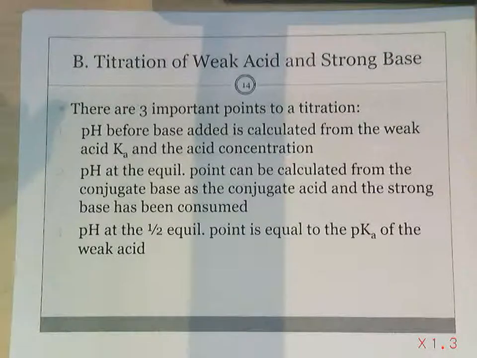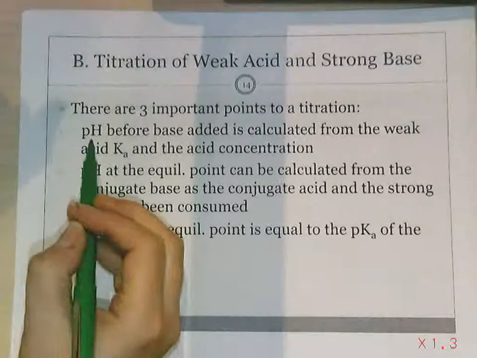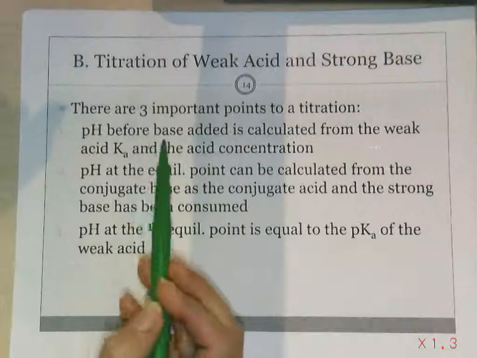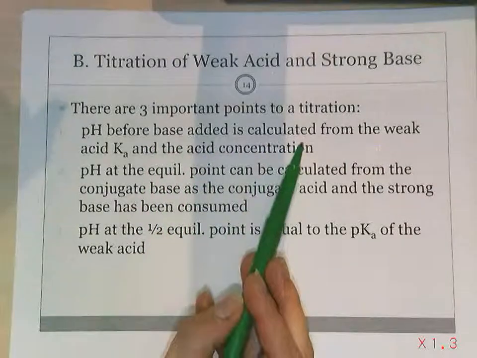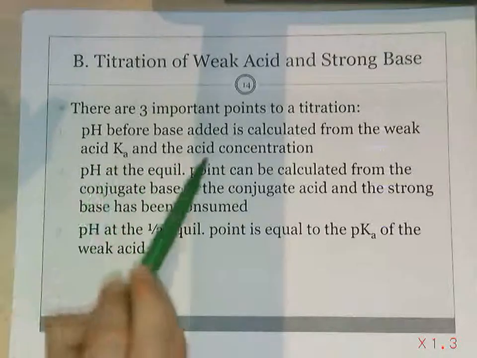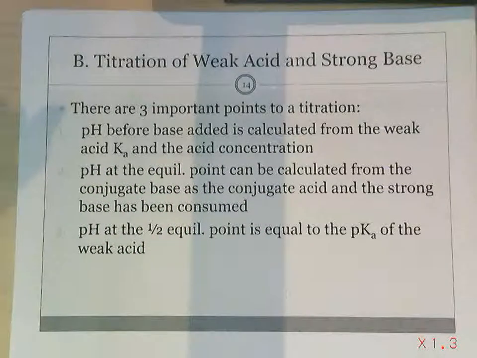We're going to look at the pH before anything's happened, so in this case, the pH before I've added a base. We calculate it from the weak acid Ka and the acid concentration. Before anything's added, if I just asked you, what is the pH of a 0.1 molar acetic acid solution? You've done that. You know how to do that, using the Ka to figure out what the pH is.